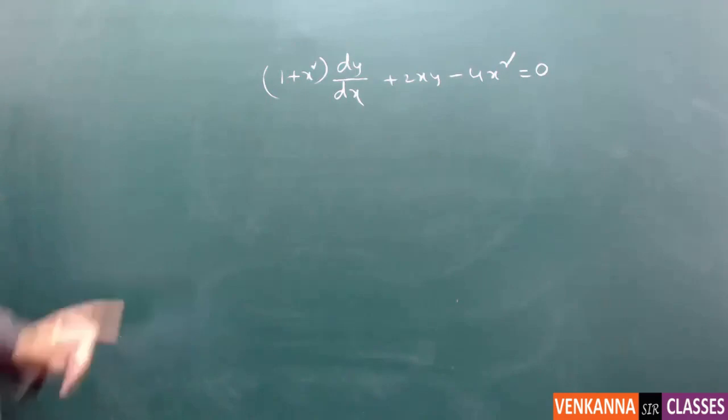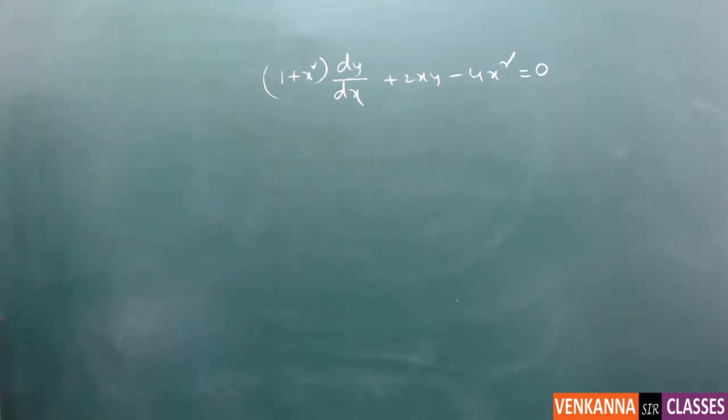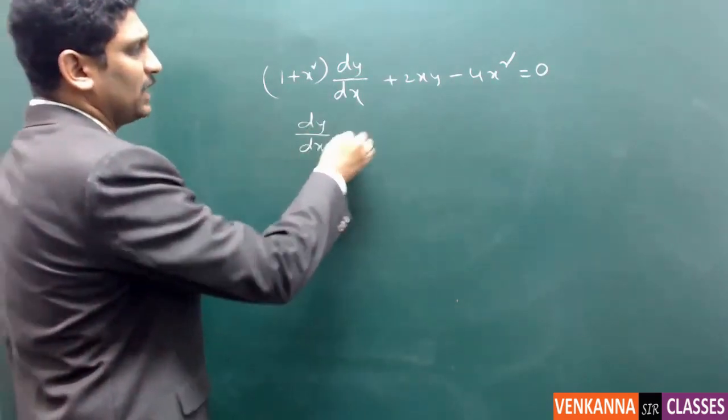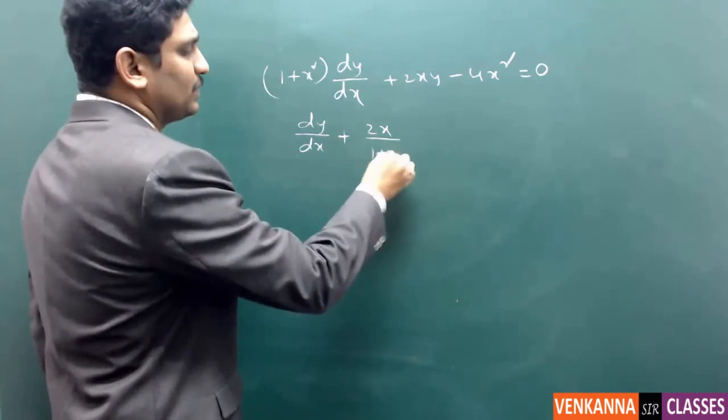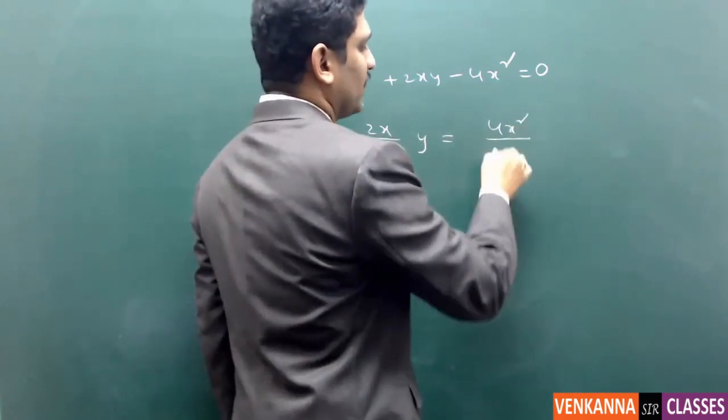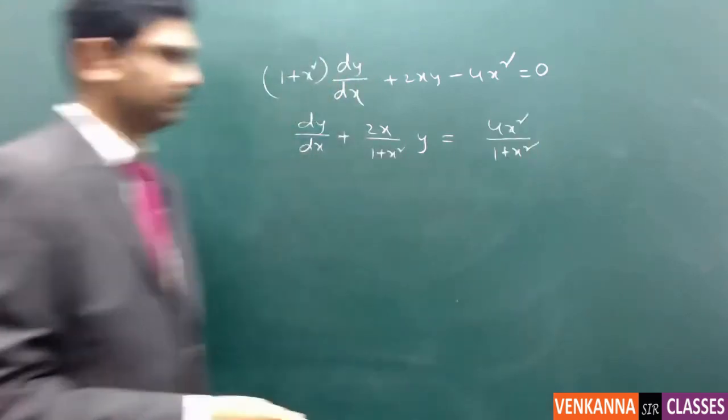Okay. So dividing the given equation by 1 plus x square, we have dy by dx plus 2x by (1 plus x square) into y equal to 4x square by (1 plus x square).